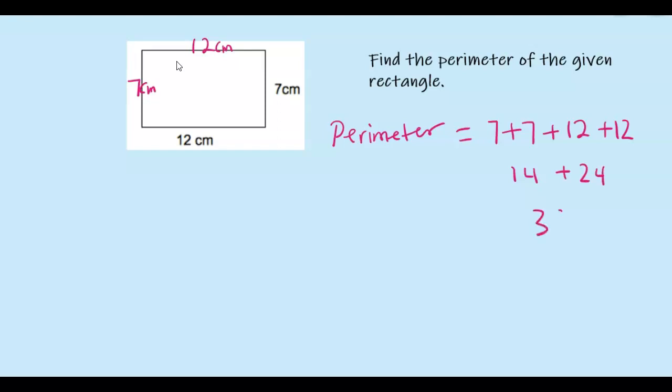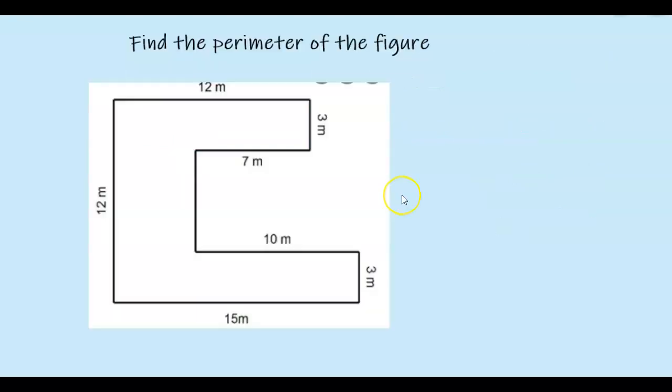And this gives us 38 centimeters. Okay, so we want to find the perimeter of the figure here. So we are adding the surroundings to get our perimeter.